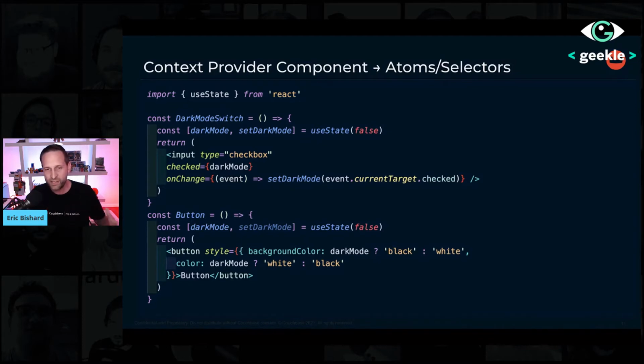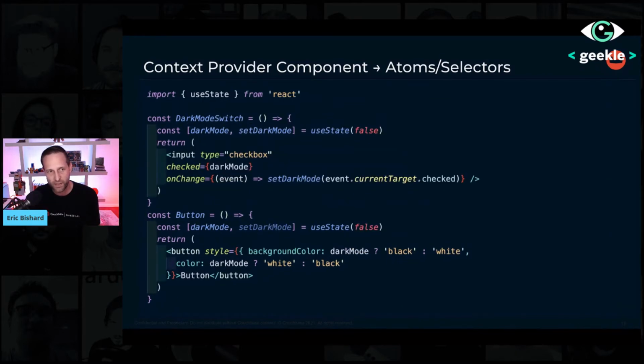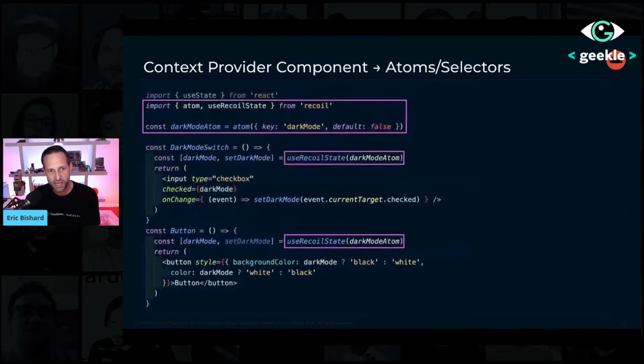Now, the reason I wanted to show you this very simple example first is to show you how easy it is to go from using just basic useState, not even Context API, just regular React state in a functional component, to using useRecoilState. So if we toggle back and forth between these two, you'll see that useState gets changed to useRecoilState.